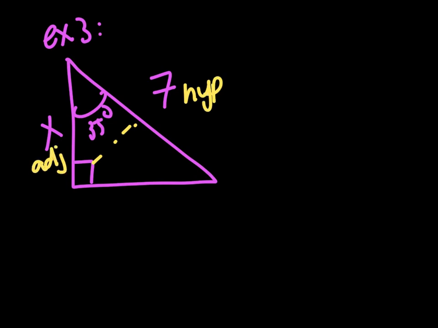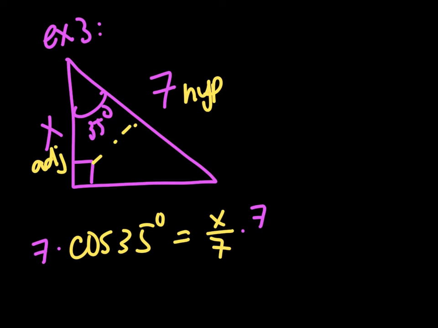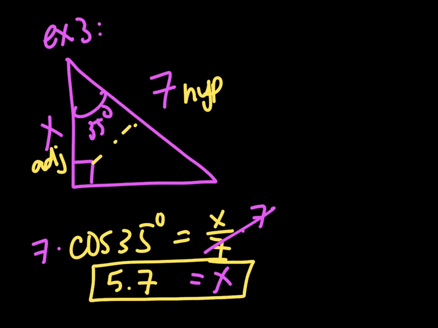So since I have adjacent and hypotenuse, that means I have cosine 35 degrees equals my adjacent over my hypotenuse. If I want to solve for x, I'm going to multiply both sides by 7. The key thing here is to make sure that you put your cosine in degrees. When you multiply 7 times cosine of 35 in the calculator, you get about 5.7. So that is the length of the missing side.